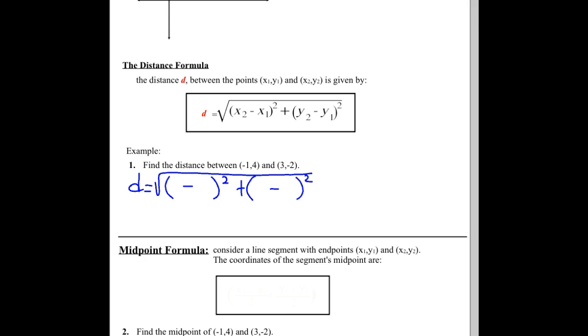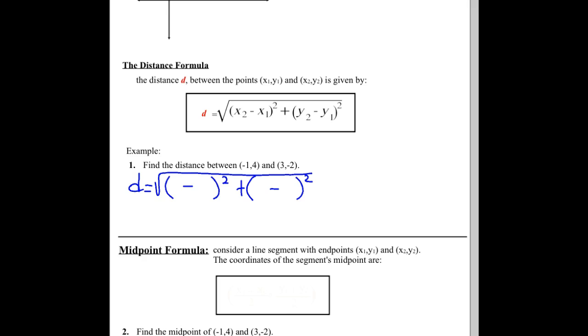Okay? All right, in the first ordered pair, we need to put our x's. Which coordinates are my x's? The -1 and the 3. All right? So I can put in here 3 minus -1. I can put in here -1 minus 3. One way gets me a negative answer. One way gets me a positive answer.